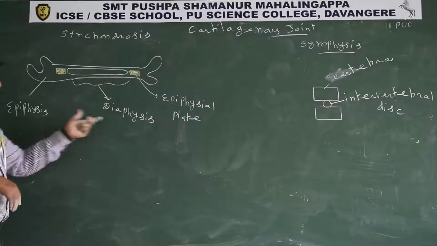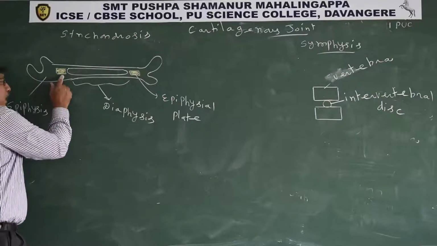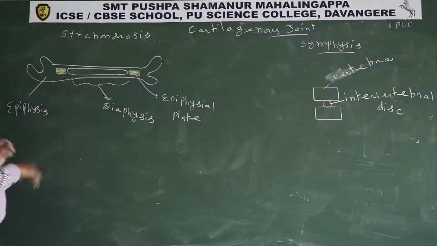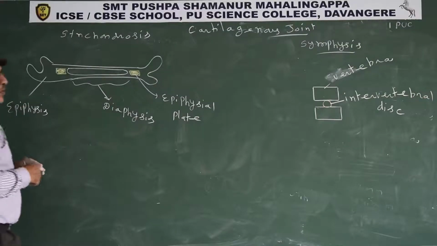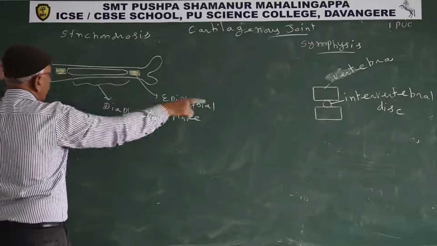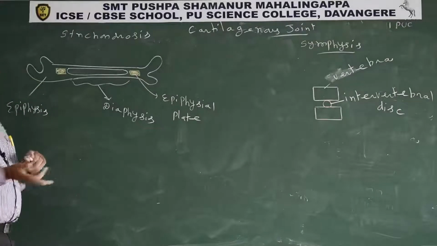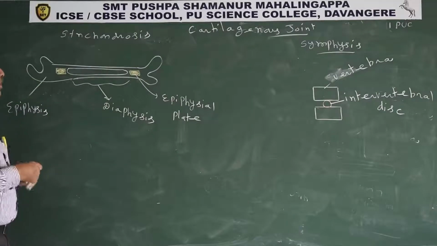Example: the epiphyseal plate present between epiphysis and diaphysis in long bones of children. In children, during growth, the diaphysis grows toward the epiphysis. At that time, the epiphyseal plate disappears.